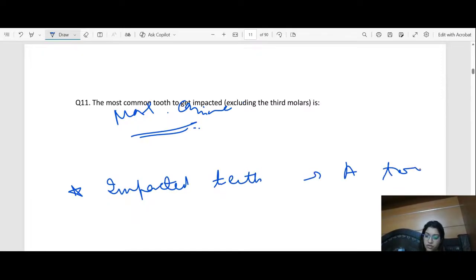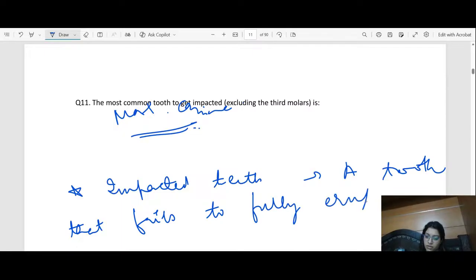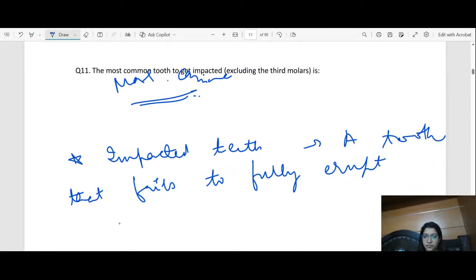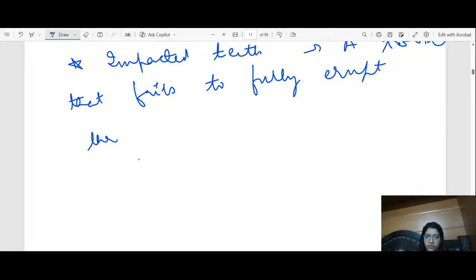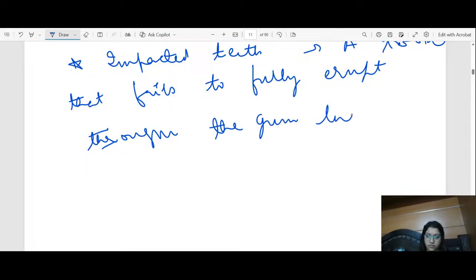A tooth that fails to fully erupt through the gum line into its proper position.